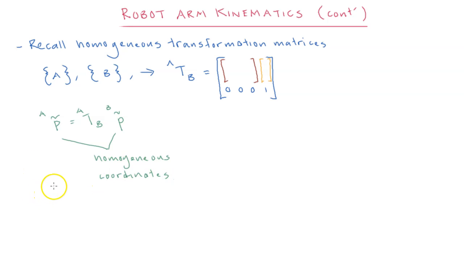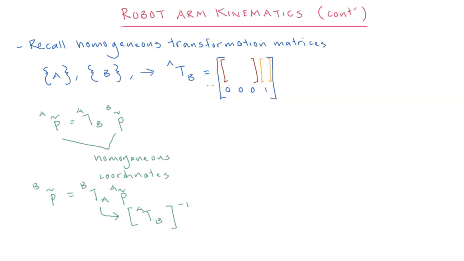And similarly, if I want to compute P tilde B, I need to use TAB. And we know from our previous lecture that this is simply TBA inverse.